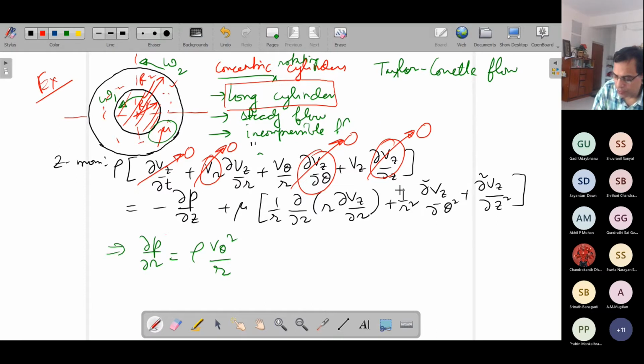Vz itself is much less as compared to V theta and VR. The reason is that the length scales governing V theta and VR and the boundary conditions are directly triggering the motion in the R theta plane. But in the Z direction, there is no physical influence triggering the motion.